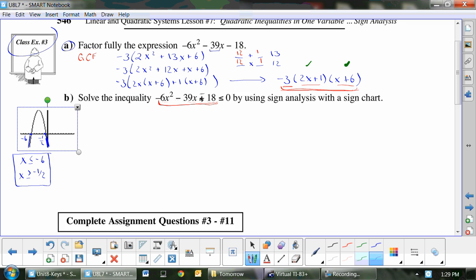Okay, so when you do these, the first column is going to be all the factors. So remember, -3 is one of our factors. Then we have 2x plus 1 and x plus 6.